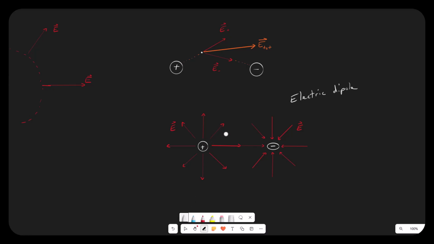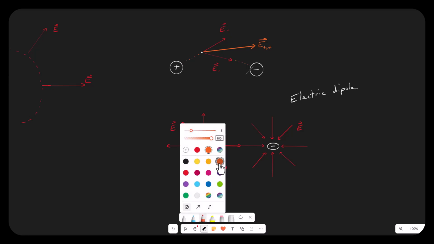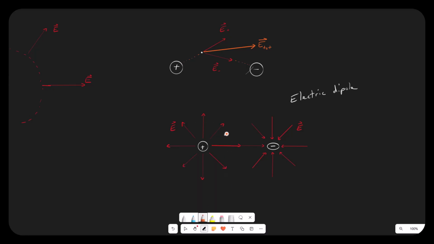If I pick a location here, that's going to look like this up here. So I'm going to get an electric field vector that points from my vector sum that points something like that. If I pick this spot, I'm going to get an electric field that points something more like that.